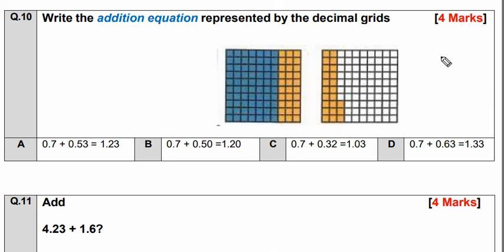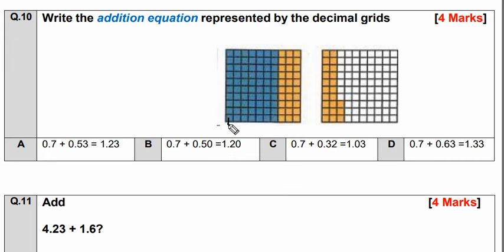Write the addition equation represented by the decimal grids. Now you have to write the addition equation. What you need to know here is that one whole column of the grid is 0.1. You need to know that. And when I talk about only one small square, it is 0.01. So let's do this.